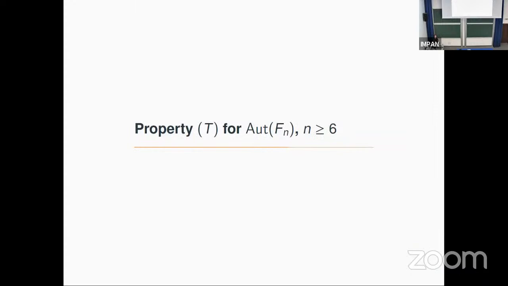And okay, I would like to say a few words about how the general case is done. With this method, one can obviously work case by case: you take a group, you apply this procedure, and then you either get the answer or you don't.